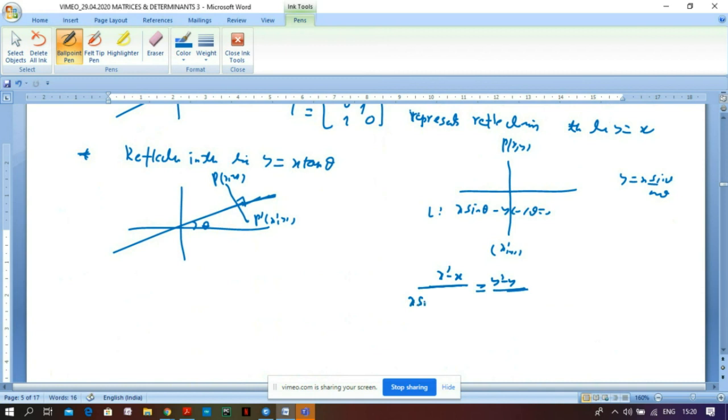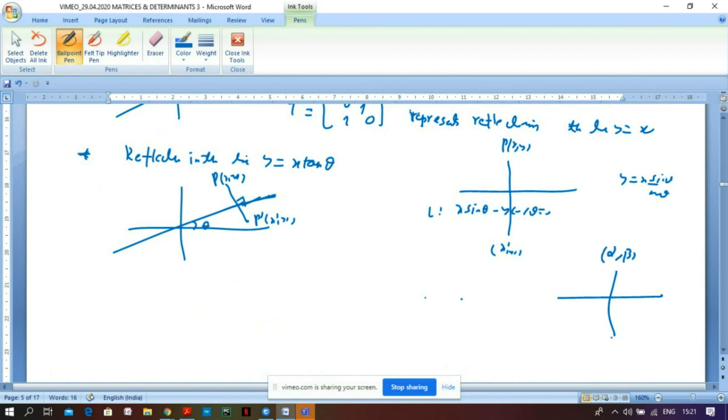So that is x sine theta minus y cos theta, and then y' minus y. And then here, let me write the result first so that you can understand quickly what I'm referring to, changing notation a little bit.